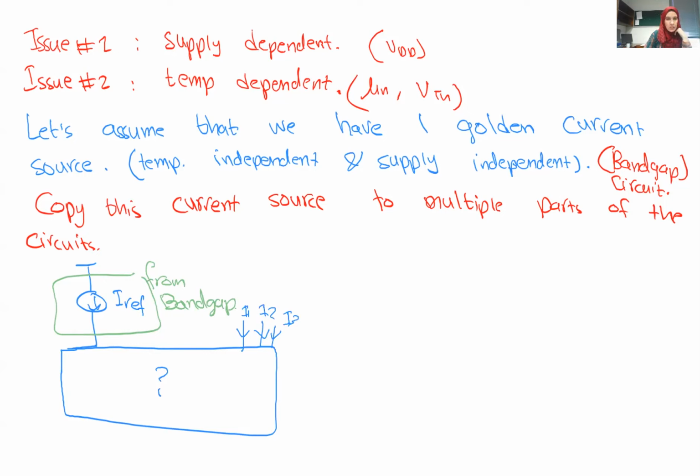How can we create these currents in the down direction?